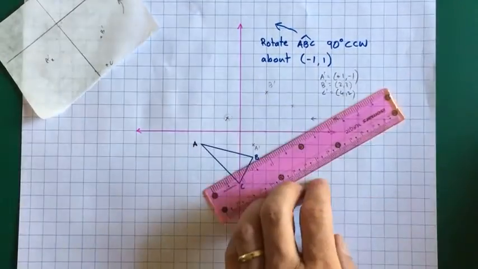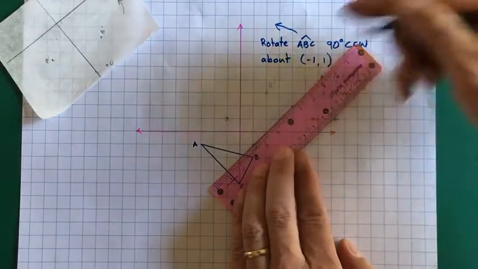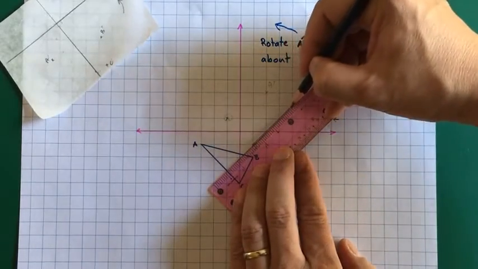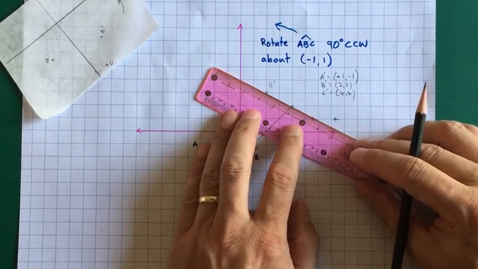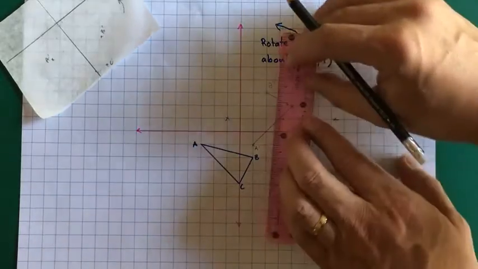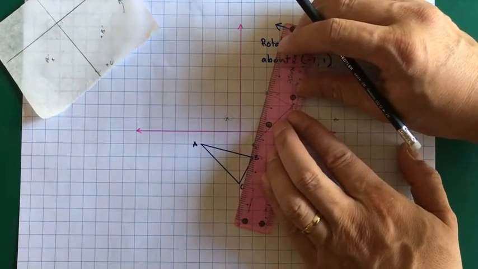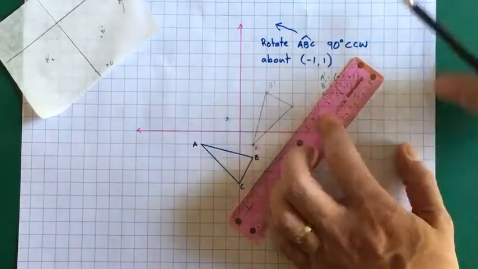All I have to do is join them to construct the image of triangle ABC. And the image of triangle ABC is triangle A dash, B dash, C dash. So I want to do that right now, as accurately as I can.